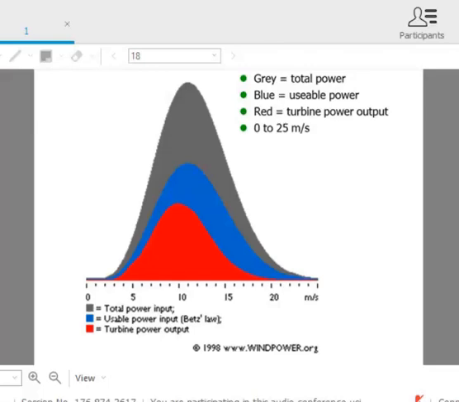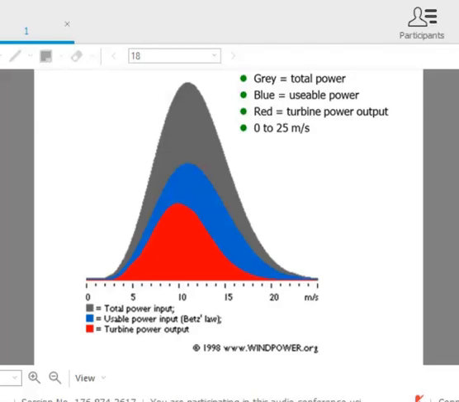So half pi r square, pi is 3.14. 0.5 multiply 3.14 multiply 50 meter square multiply density, given in the question, 1.2 kilogram per meter cube, that is rho, and then velocity is given, 5 meter per second, to the power 3.